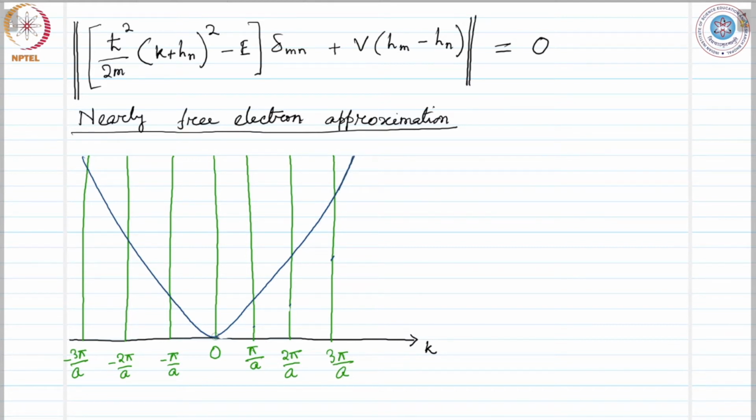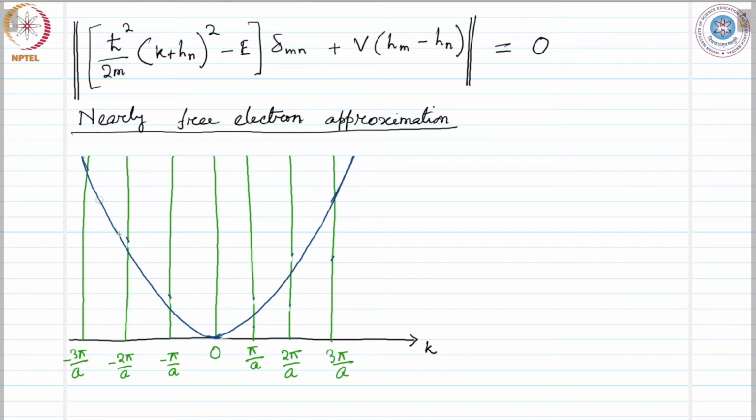That's what it will look like. Maybe this one represents a better parabola, so I will erase the first part, which looked more like a straight line. So we have this kind of a picture, the energy momentum dispersion relation for a free electron.